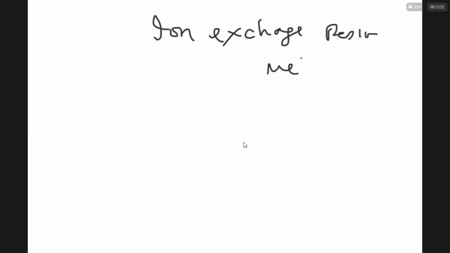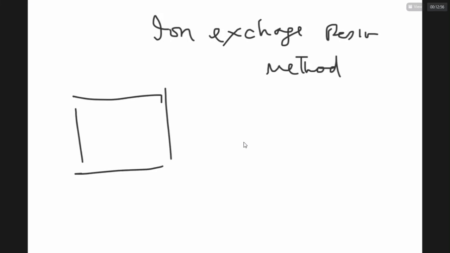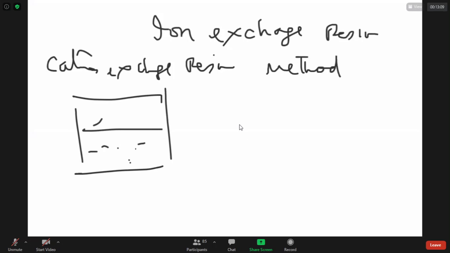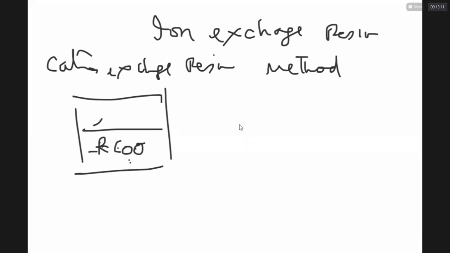Now let us go to the next method, called the ion exchange resin method. Here you have something called cation exchange resin. It has a chemical formula RCOOH.